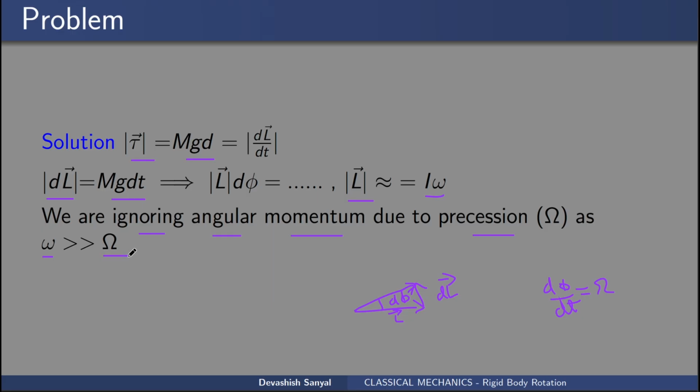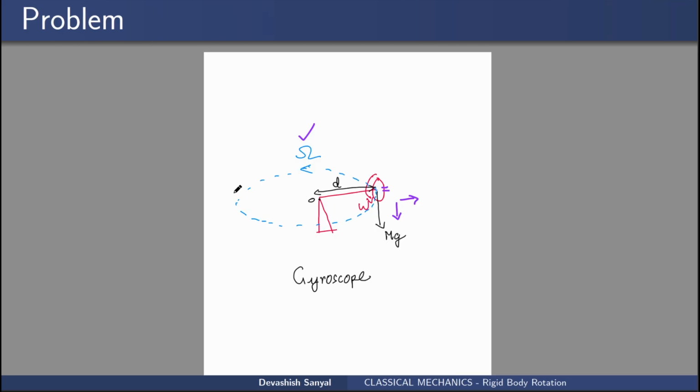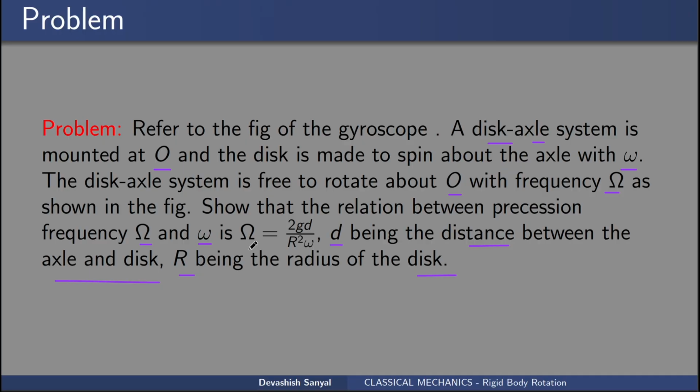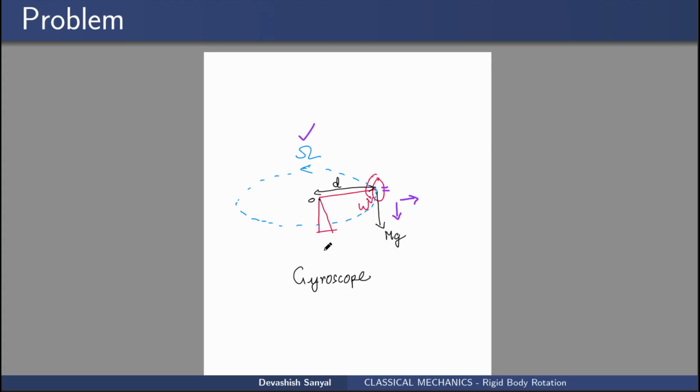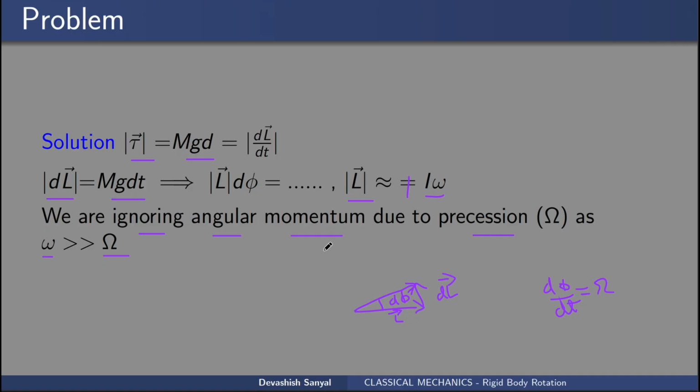If that is the case, then L is approximately equal to I omega. And once we write it as I omega, we will get the relation that we are looking for, noting the fact that the moment of inertia of a disk about its center is half m r square. So you can complete this.